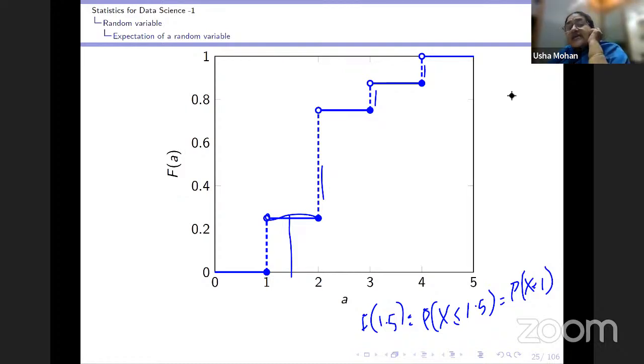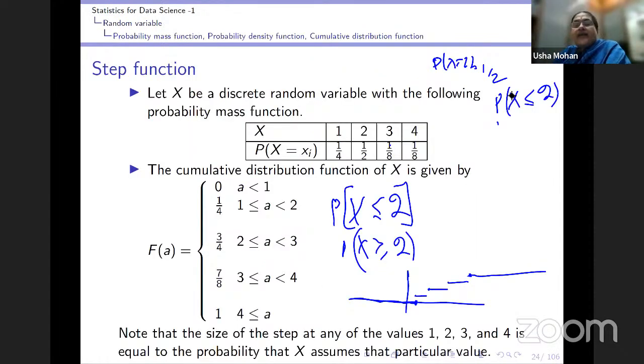See what I'm saying. The probability mass function is for a discrete random variable, and the probability density function is for a continuous random variable. Now, for example, if I go back and tell you that X is the number of jobs offered to graduates in a passing out batch of a large university, what values can X take?